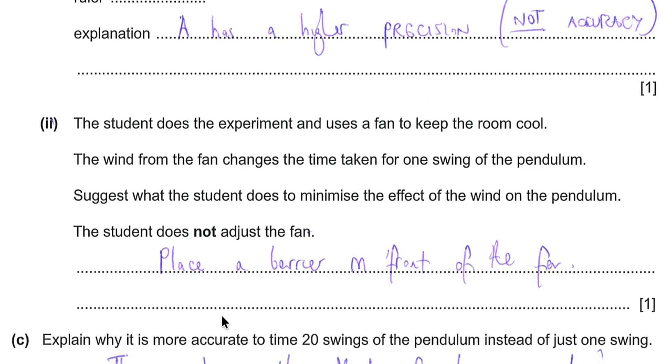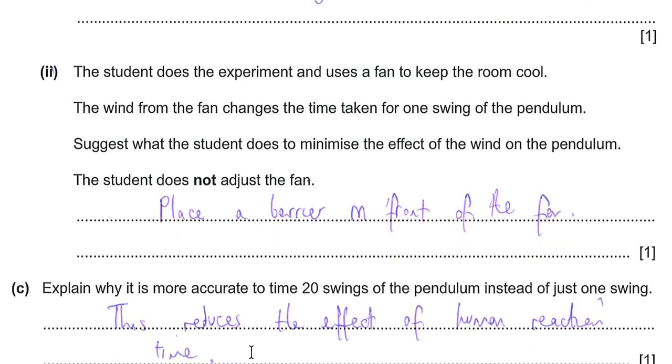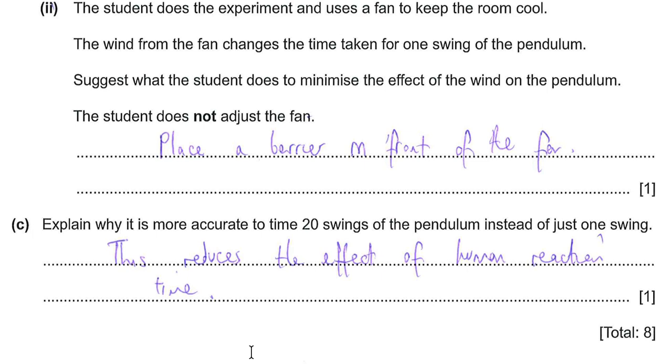All right. Last one, explain why it's more accurate to time 20 swings. We've talked about this already, okay? My way of answering this is to say it reduces the effect of human reaction time. Put simply, your reaction time is about 0.2 of a second. If I measure one swing, then that will have an uncertainty of 0.2 seconds.